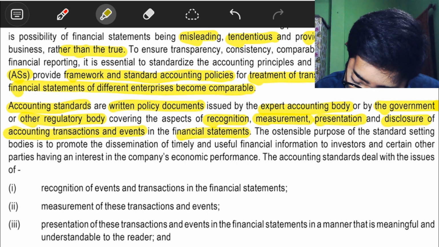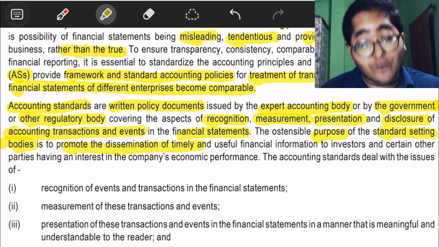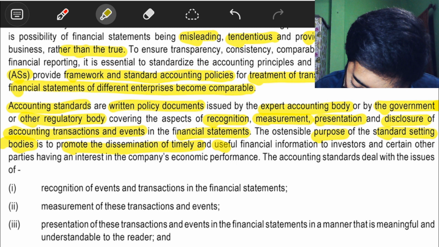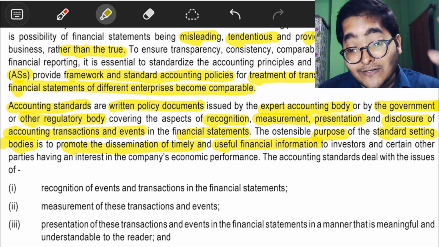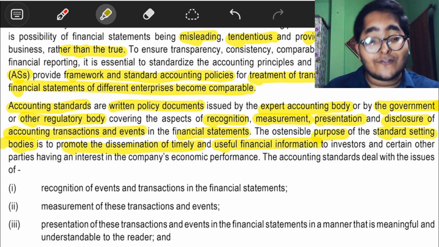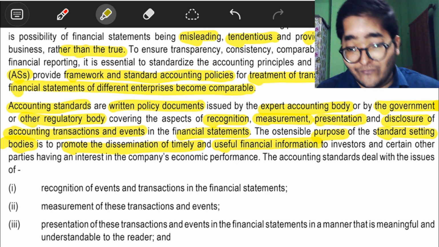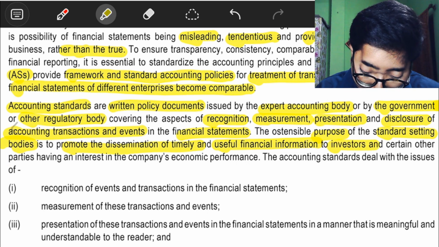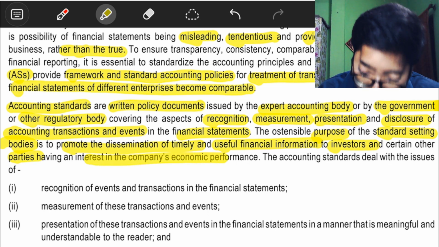The purpose of the standard setting body is to promote the dissemination of timely and useful financial information. The purpose of the standard setting body is to provide timely and useful financial information to investors and certain other parties who are interested in the company's economic performance.